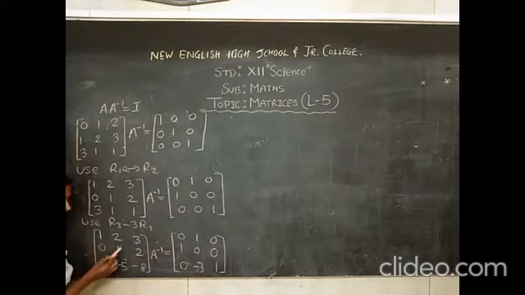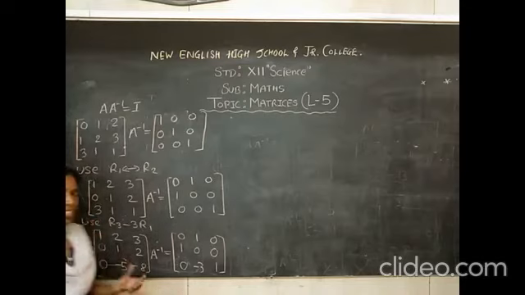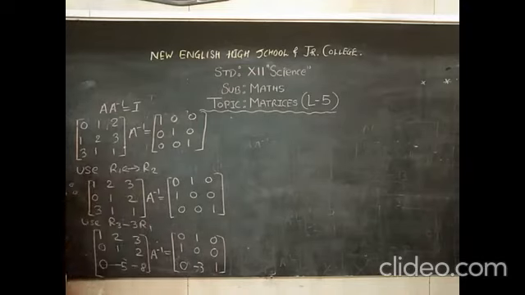So, it will automatically become 0. See, children, when I am making change over here, this one is not getting changed because I am taking help of second row. In second row here it is 0. 1 minus any multiplication of 0 will remain as it is. There won't be any change, and this is my target. Whatever work I have done before, I should not change it. That's why I am using this one.